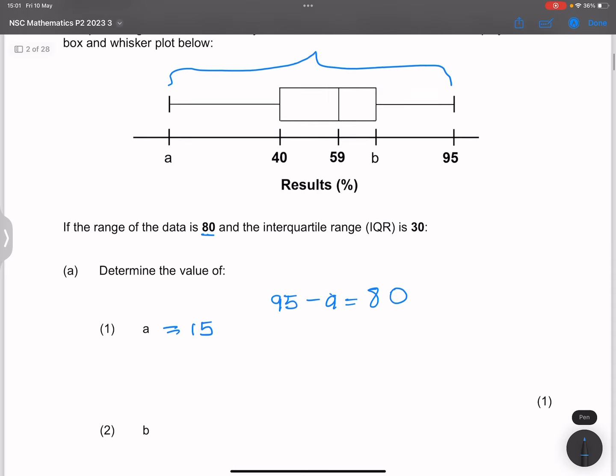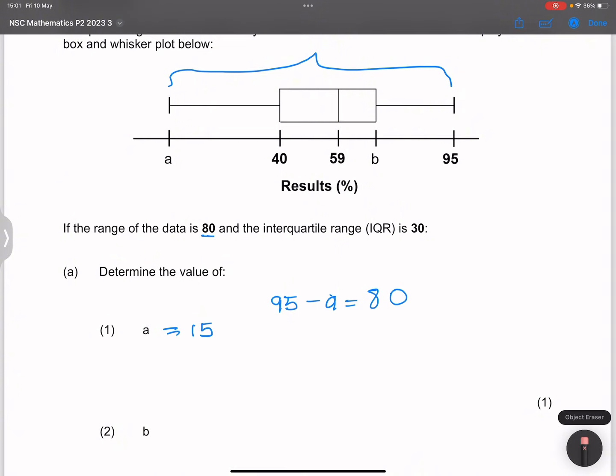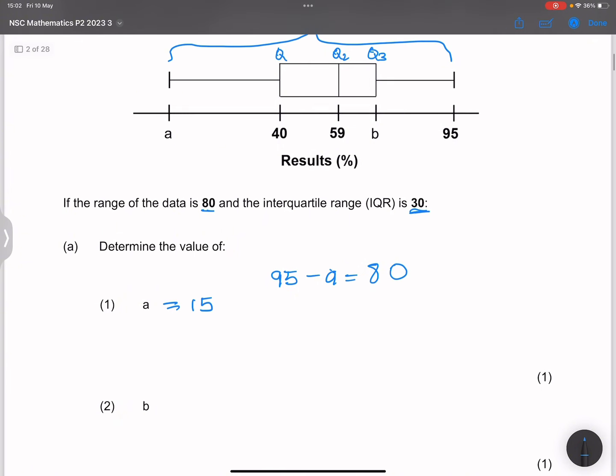And when we go to B, how do we find the value for B? They've given us the interquartile range. And please remember, this is going to be Q1, this is Q2, the median, and in this case, this is going to be Q3. The interquartile range in this case would be Q3 minus Q1, that gives us the IQR.